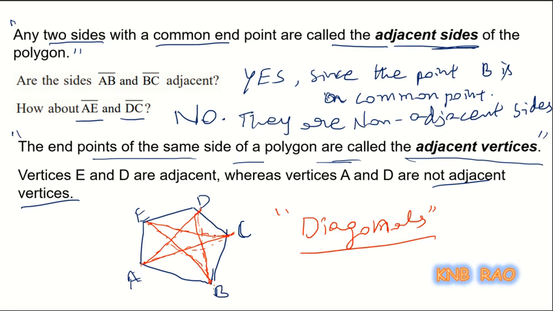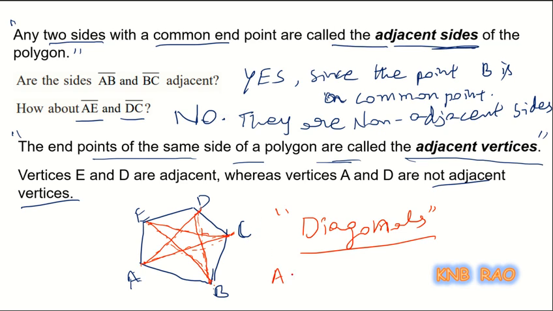Here how many such diagonals could you draw? I could draw 5. So AC, AD, BD, BE and CE.